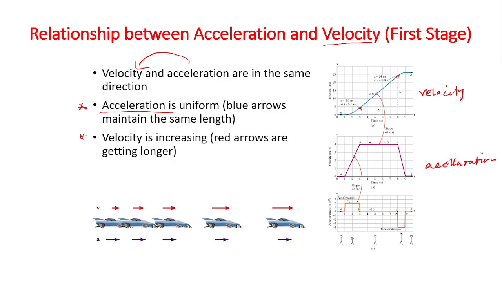Okay, so when the velocity is the same, it's not changing, it's just 2 meters per second, 2 meters per second, meaning it's just the same. In that case, it's just 4 meters per second for this graph.